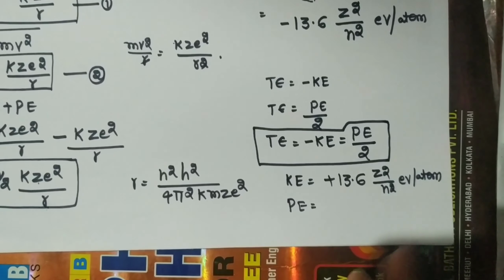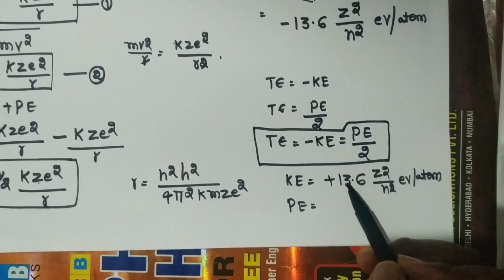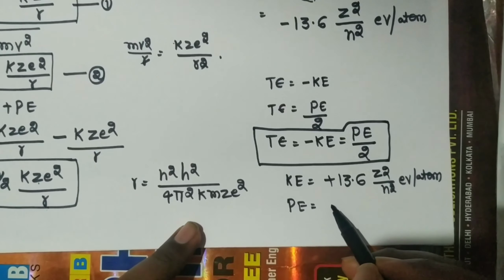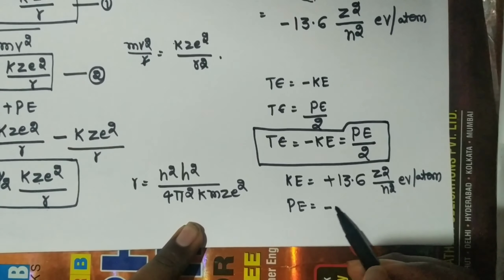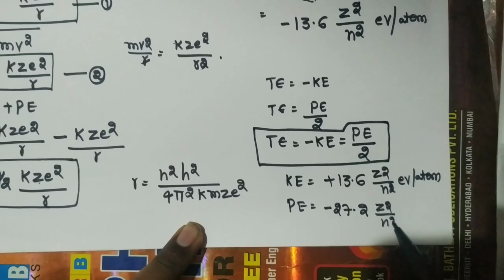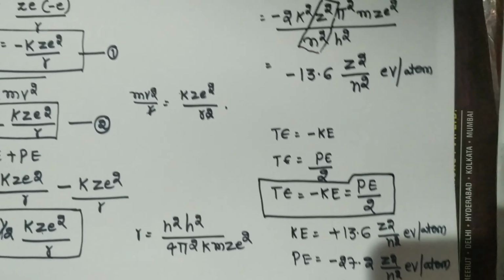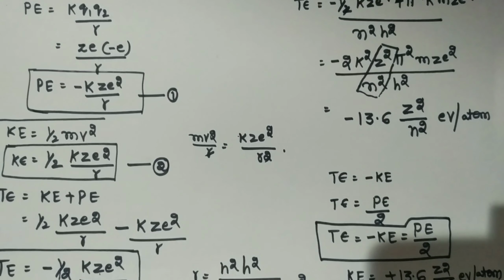Potential energy is twice of total energy, so 13.6 into 2, 27.2. So it will become minus 27.2 Z square upon n square electron volt per atom. So these are very important. By using these formulas, we can solve problems related to energy of electron in Bohr orbit.